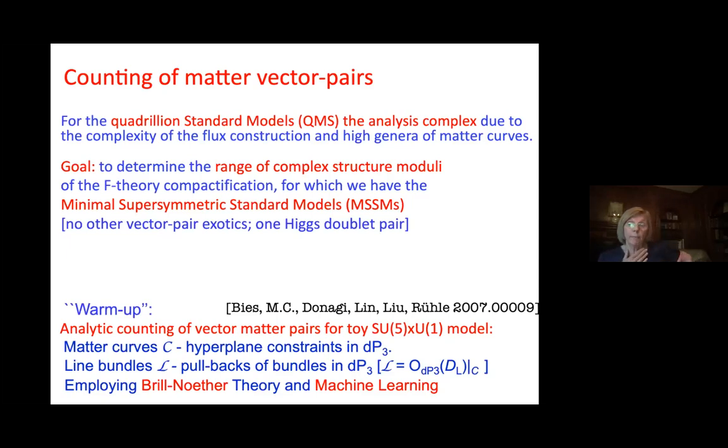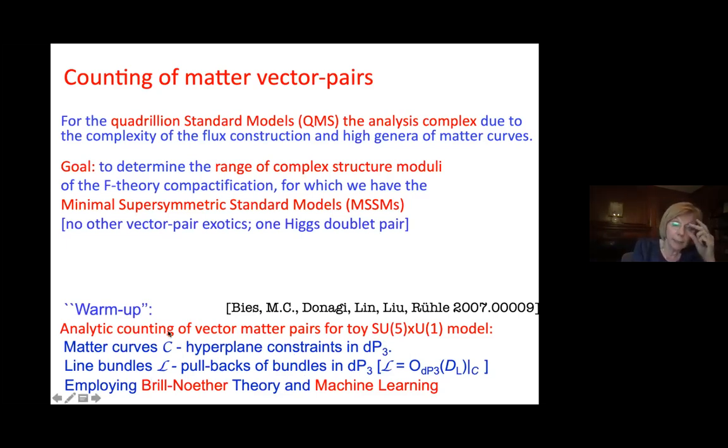So we did some warm-up work first for a much simpler example of a GUT toy model, where we constructed line bundles on the matter curves within dP3, where matter curves were chosen as hyperplane constraints of dP3.